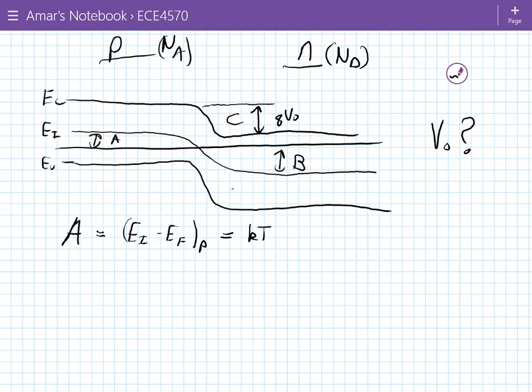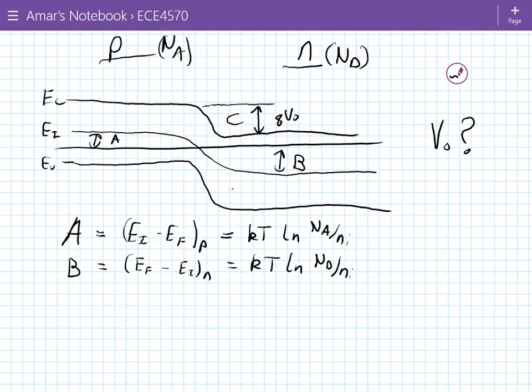It's just KT ln NA over NI. Good. Similarly, B is equal to EF minus EI on the N side of the junction, and this is equal to KT ln of ND over NI.